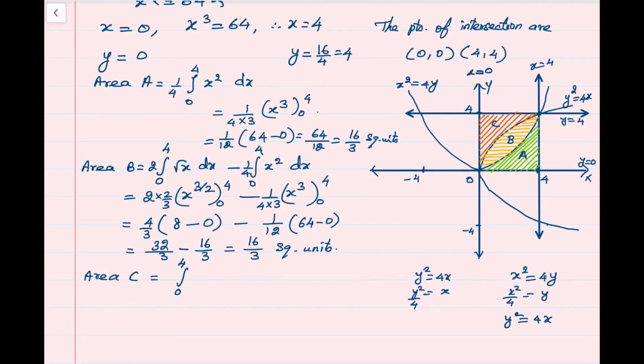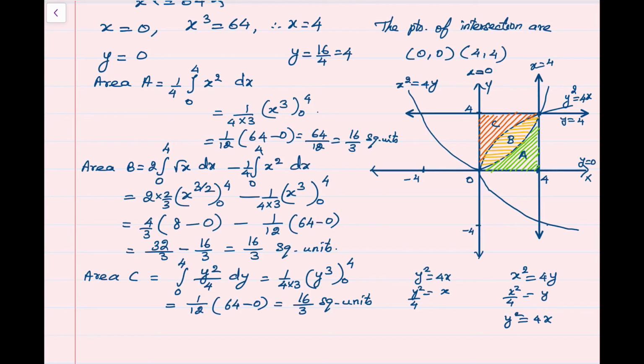X dy is the formula. Y square divided by 4 dy. 1 by 4 times integral is y cube divided by 3. The limits are 0 to 4. 1 by 12 times 64 minus 0, which is 16 over 3 square units.